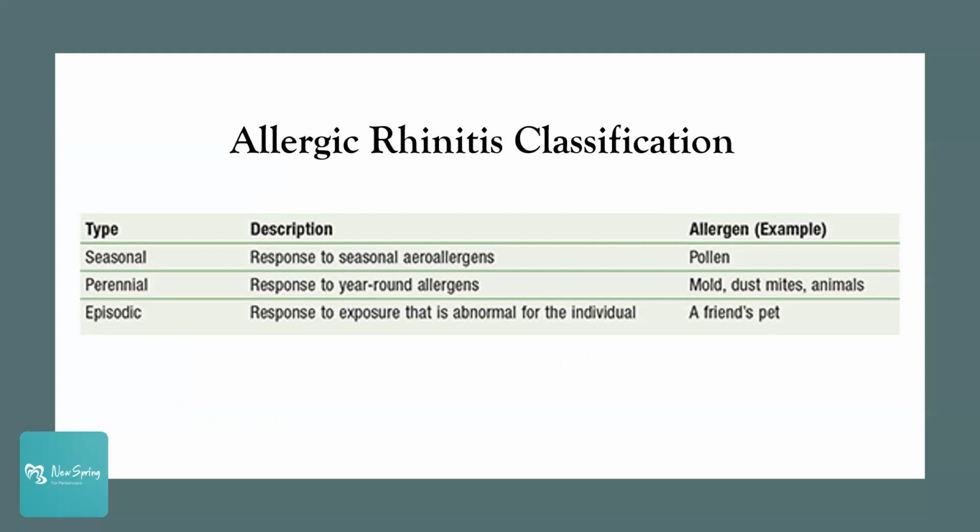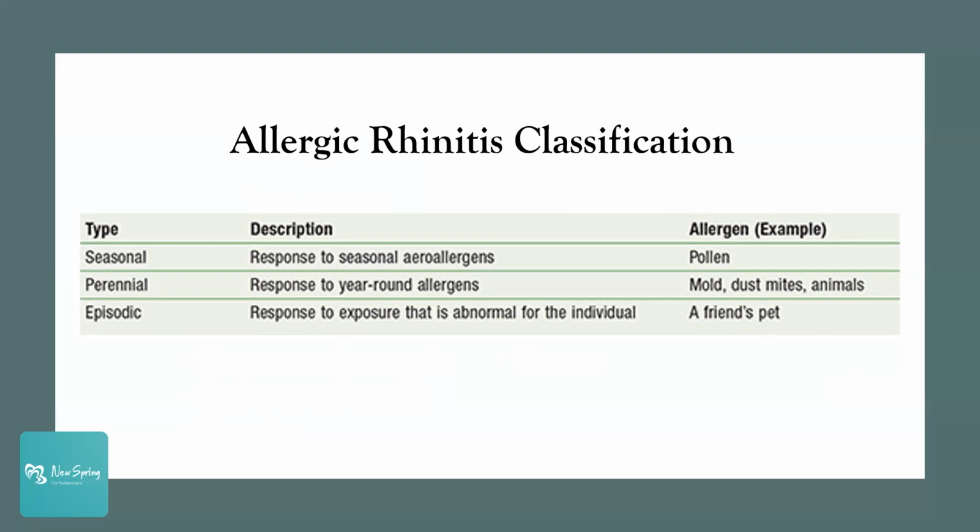We have a very simple type describing the response and the pattern of the allergy. So if the allergy is triggered by seasonal aeroallergens, for example, like pollens in the spring, we call it seasonal allergic rhinitis. We call it perennial when it's a year-round allergen, not related to a specific time of the year or a specific weather.